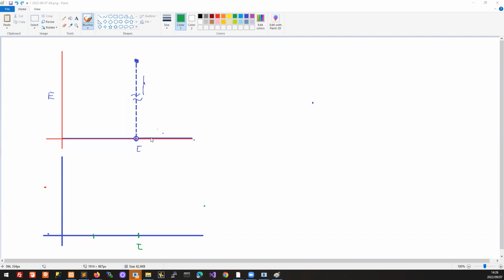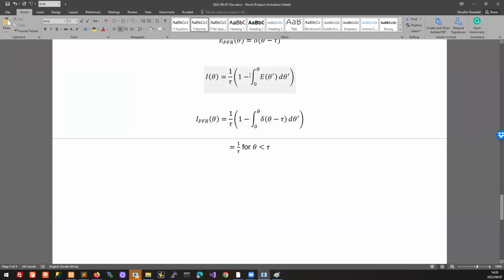So if you look at our formula, when theta goes past tau, this whole thing becomes a 1. So then it's 1 minus 1, and that's 0. So we can say here, for theta more than or equal to tau, it is equal to 0.